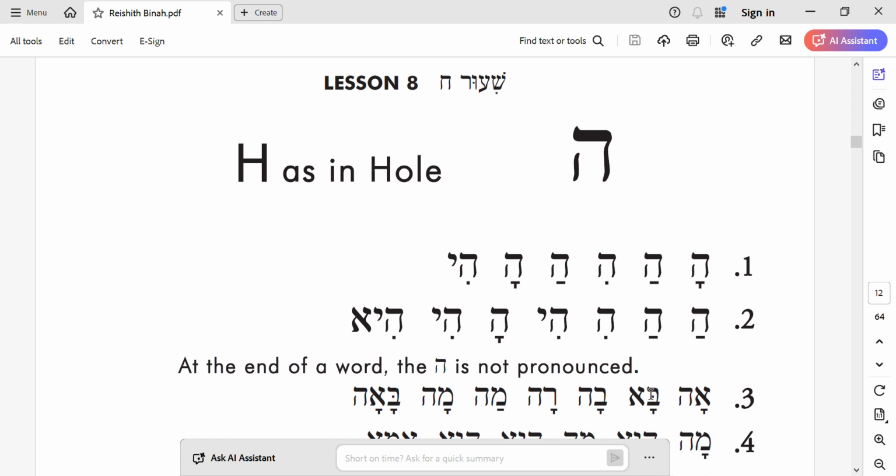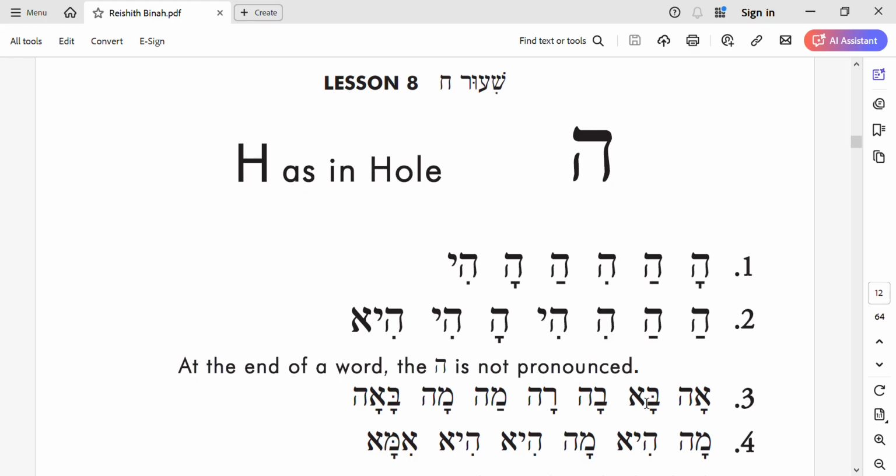At the end of a word, the aleph functions in the same way. I think it's called a quiescent aleph. Basically, it won't make any sound if it's at the end of a word. Same thing with a hey.